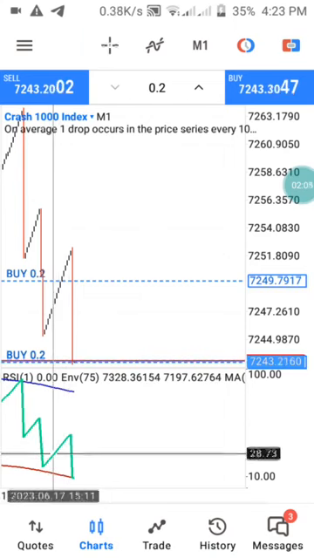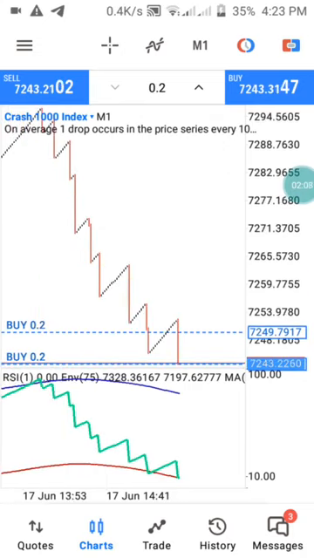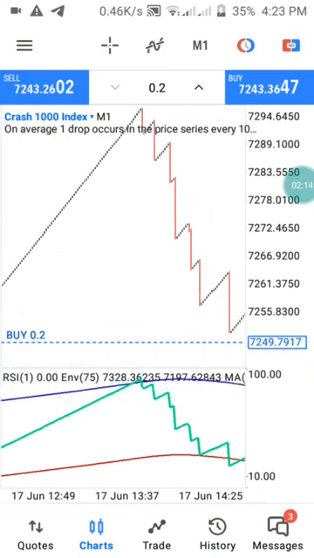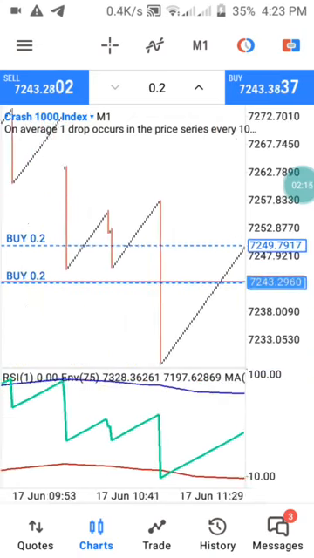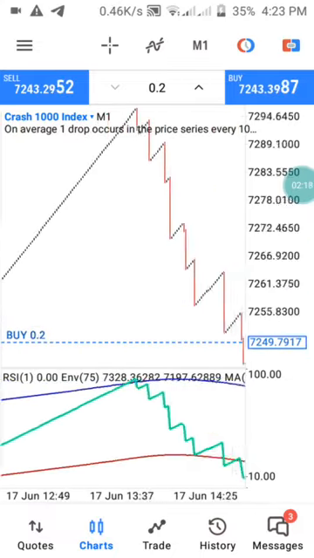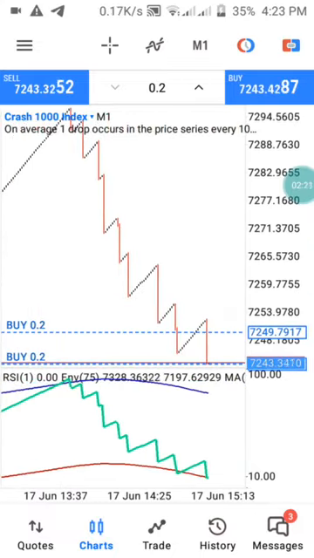So what we are going to be doing now is that I'm going to explain to you guys how this strategy works on crash 1000, so that you can also learn it and trade with it successfully every time you want to trade on it. So guys, I found this entry so late.